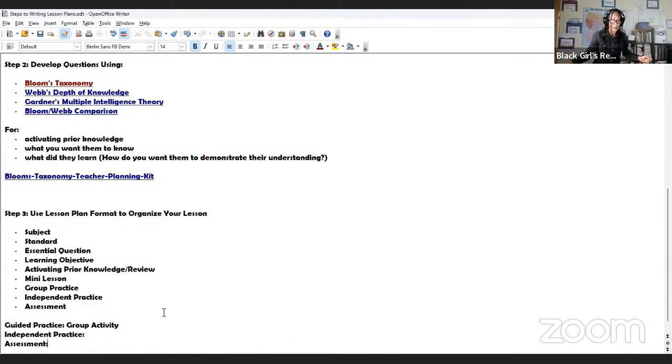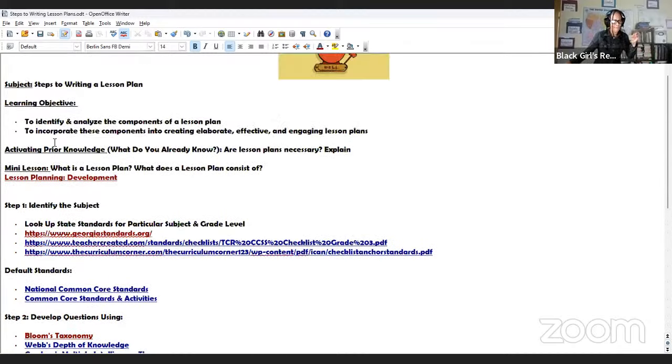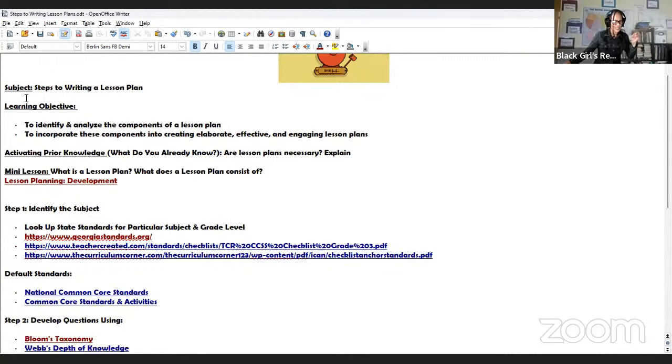And yeah, so that is the shortest. These components right here that I underlined: the subject, the learning objective, the standard. I didn't put that here, but I'm going to put that right here because the standard is very important. From the standard is where we create our learning objective.